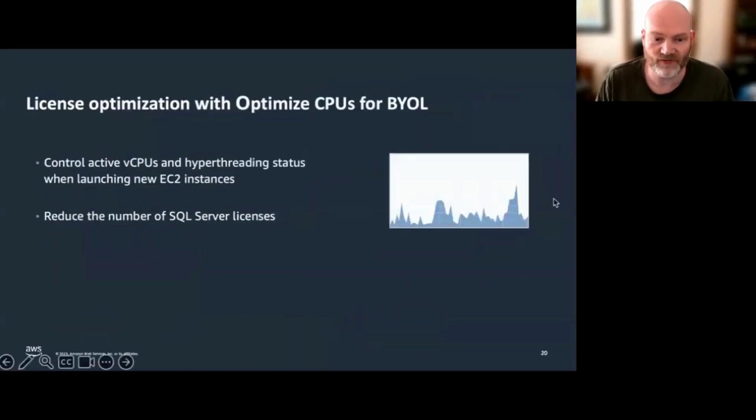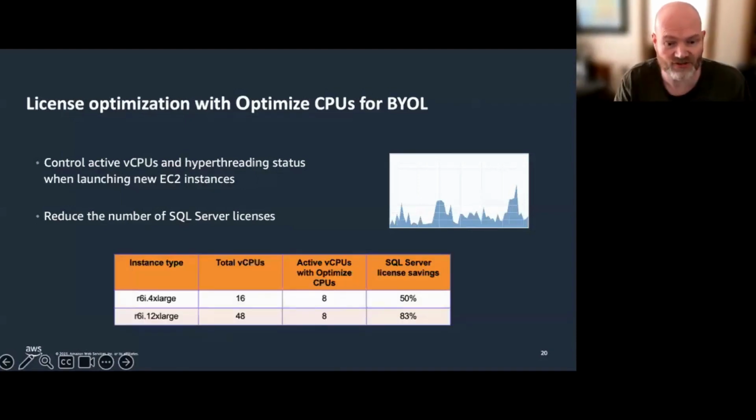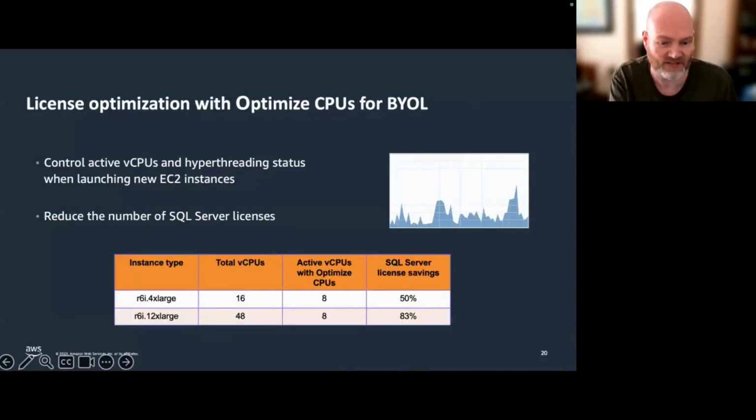So now that we've talked about how we can reduce the compute based on shifting the storage traffic to the network card, the next piece of the puzzle to further optimize is how can we reduce our license costs. We've taken our R6i 12xlarge as an example here. It's got 48 vCPUs presented when you launch it.